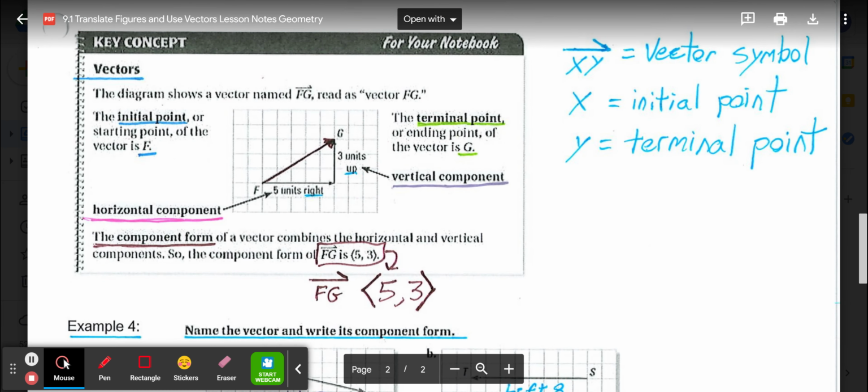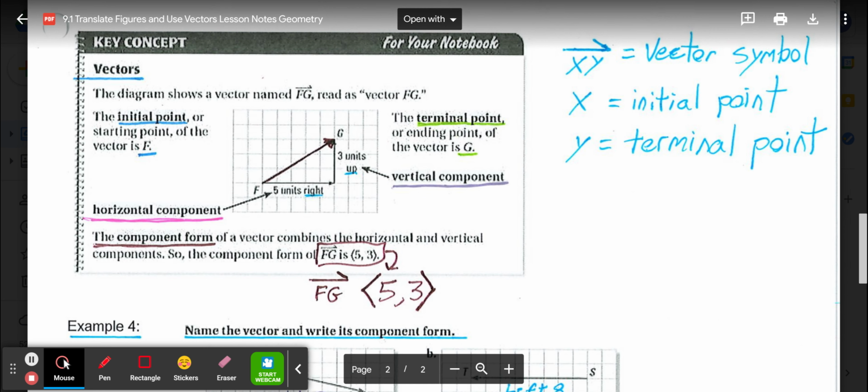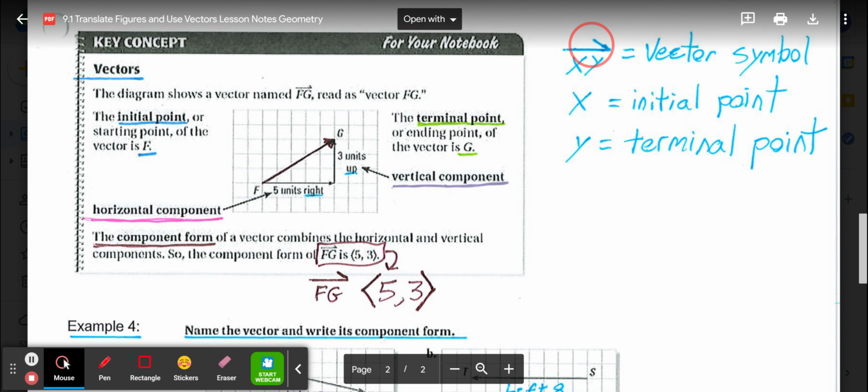So we'll look at this box down here to look at our vector from F to G. Vector FG right there. So the diagram shows a vector named FG, reading vector FG. So the vector symbol is similar to a ray symbol, but it only has this one part of the arrow, this one barb.